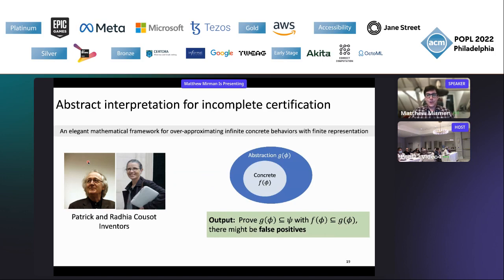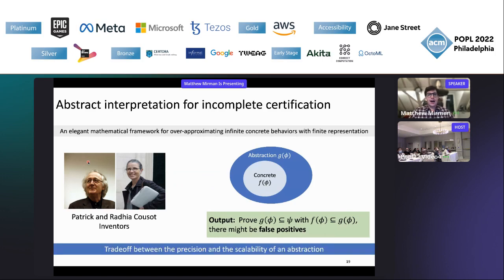And if we can show that the abstract program G satisfies our property, we will also know that our concrete program F will have satisfied the property. Abstract interpretation is particularly helpful in that it gives us a trade-off between precision and scalability, because there are a wider range of known domains and techniques that have been developed over the years inside of this framework.